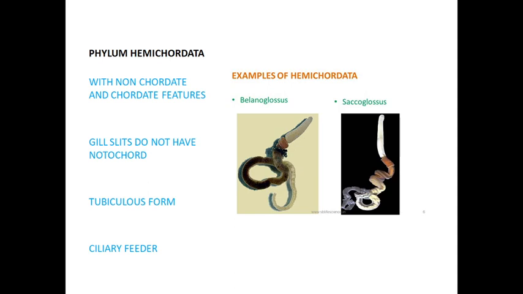If you know the examples and the features, you will automatically be able to write the remaining salient features. Up to that, the invertebrate phyla will be over.